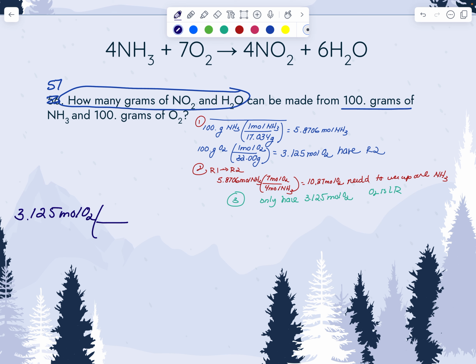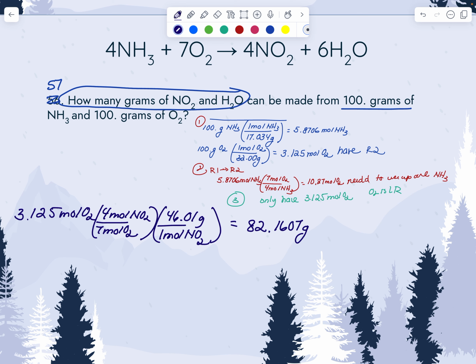According to the balanced chemical equation, 7 moles of oxygen will make 4 moles of NO2, nitrogen dioxide, and 1 mole of nitrogen dioxide will have a mass of 46.01 grams. So I will be able to make 82.1607 grams of NO2. And then significant figures, I have 3 significant figures in 100.0, both of them. So I'm just going to round this to 82.2 grams of nitrogen dioxide.